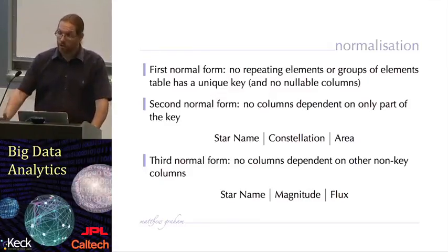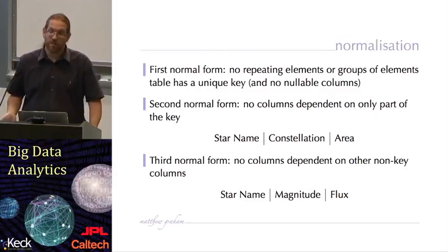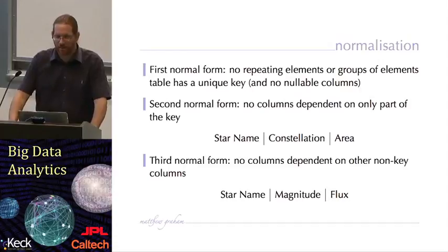In the first normal form, you will find that there are no repeating elements in a database or a group of elements. Each has a unique key, and also you have no nullable columns, so each column actually has a value in it. In the second normal form, no columns in a table are dependent on only part of the key.